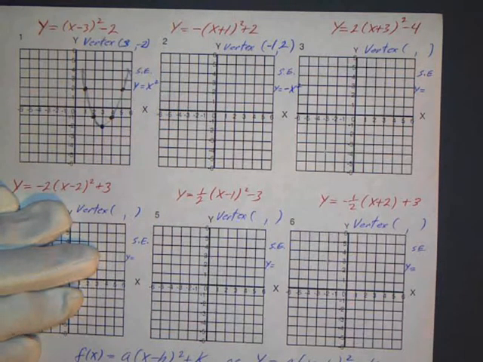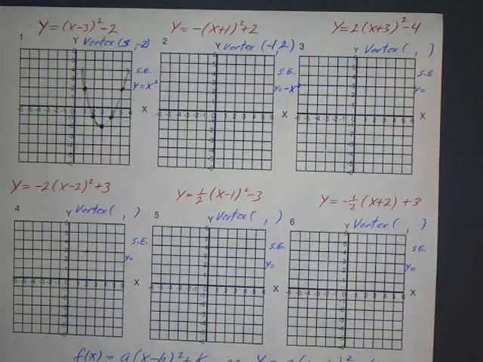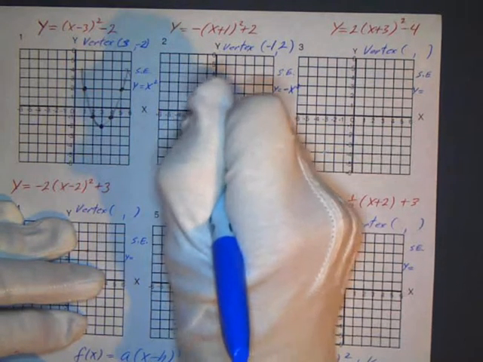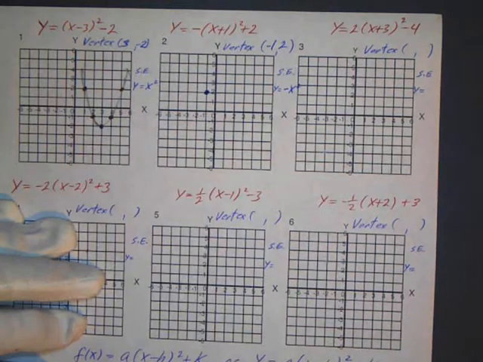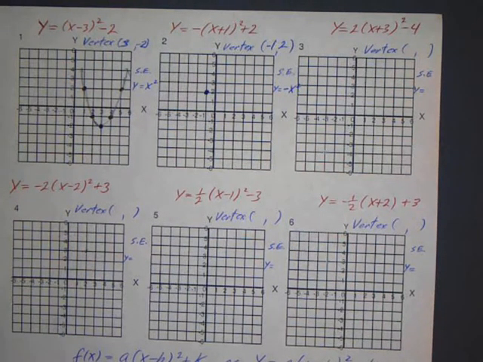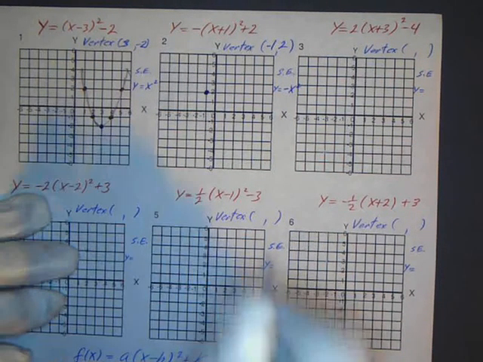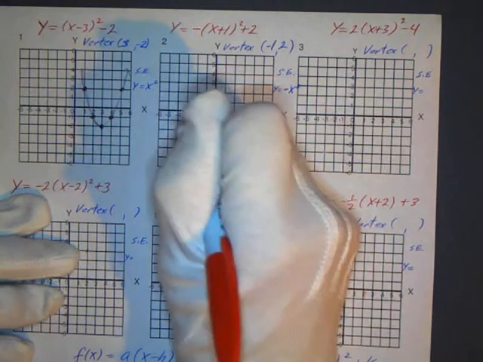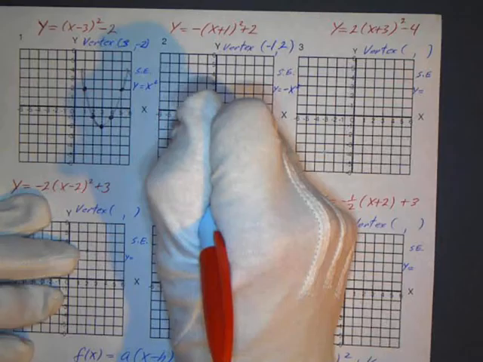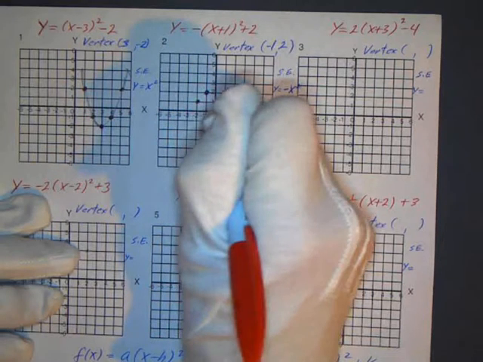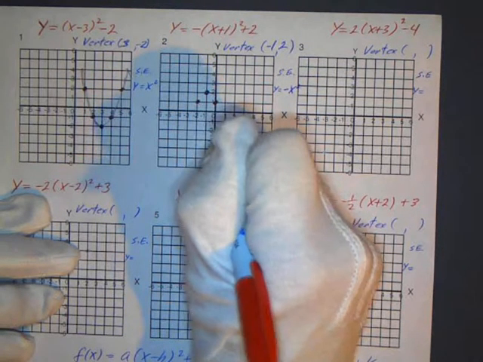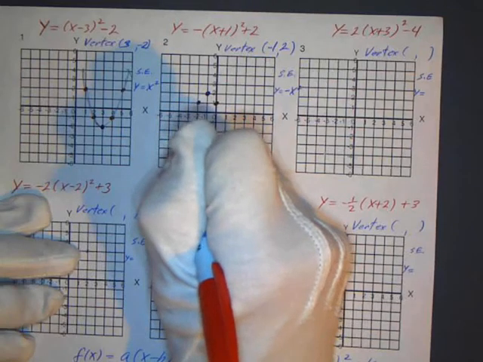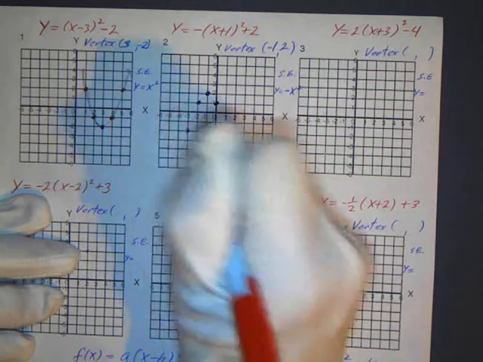So I find my vertex. My vertex will be at negative 1, 2. So there's my vertex. And then if I look at my shape equation, y equals negative x squared, I go over 1 and down 1, back 1 and down 1, over 2 and down 4, back 2 and down 4, and there are my 5 points.